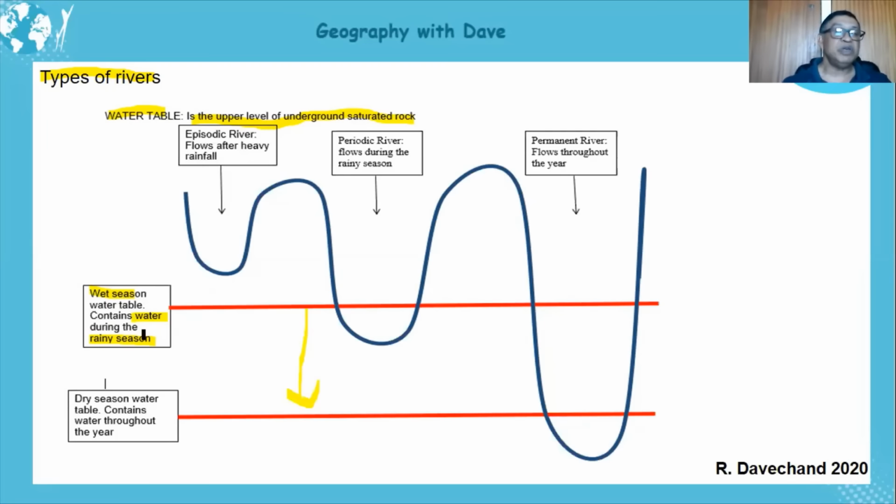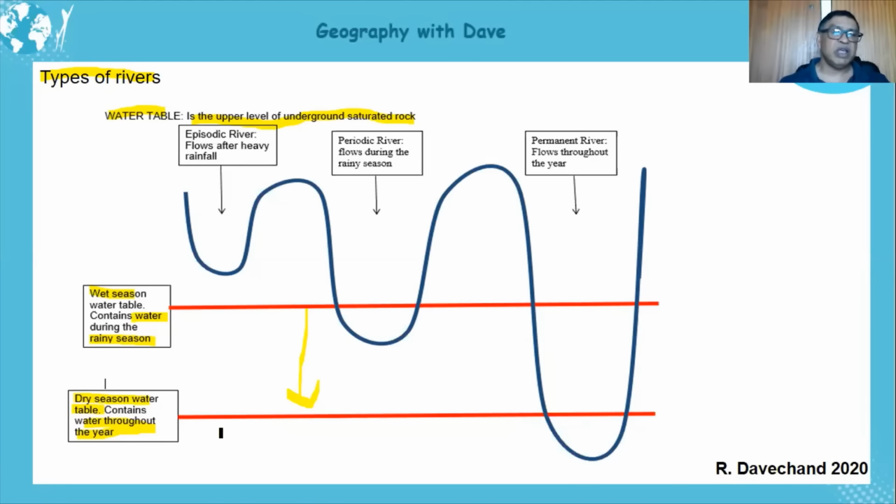So it's only during the rainy season. Then we have the dry season water table. This table contains water throughout the year. Throughout the year we have water down here. So we know wet season only during the rainy season, dry season water throughout the year.